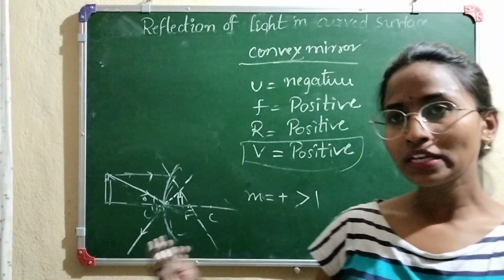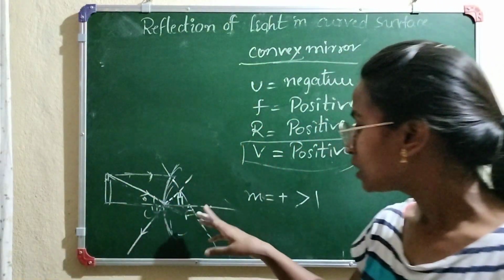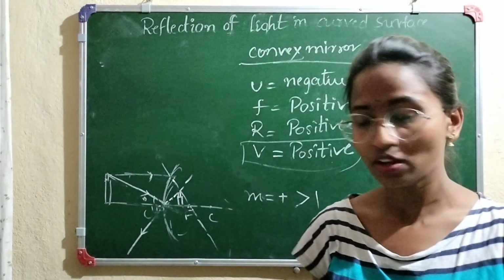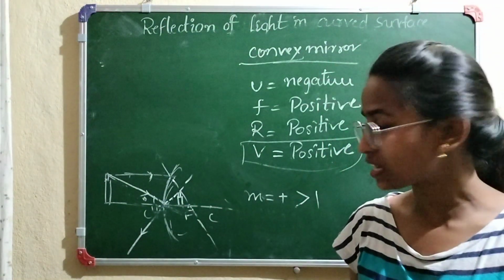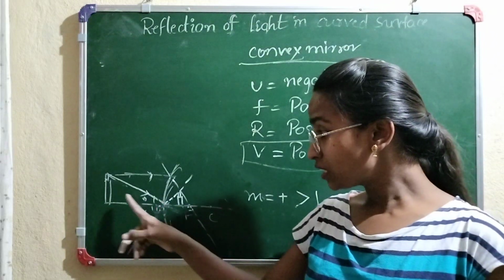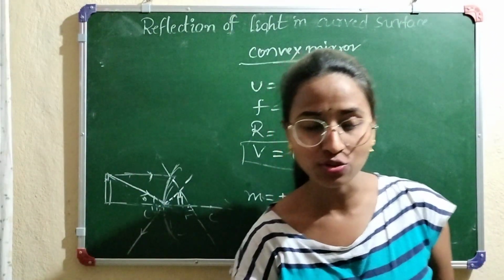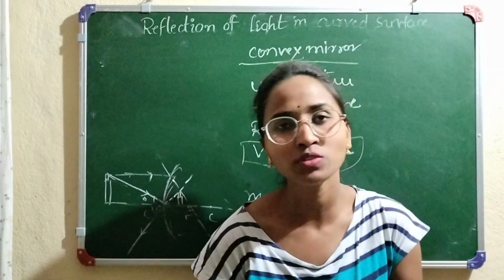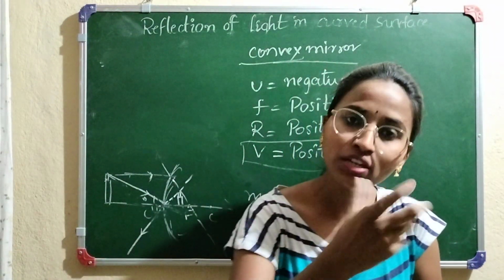Remember, what is the difference between concave and convex? Concave forms images behind F, which means larger images are formed by the concave. Convex will always form smaller images, or point-size images. Am I clear? So the convex always forms a virtual image. Sometimes they will also ask the question: among the following mirrors, which always forms a virtual image, and a virtual and magnified image?